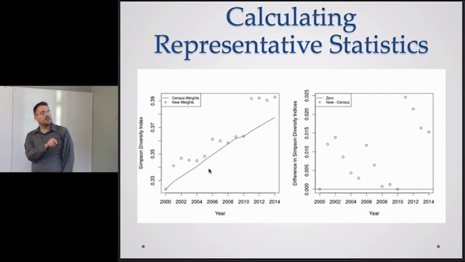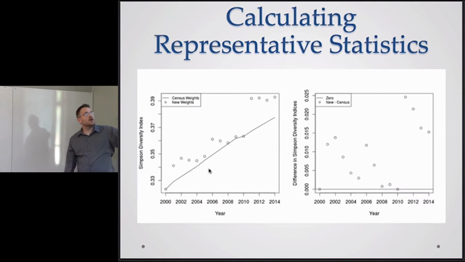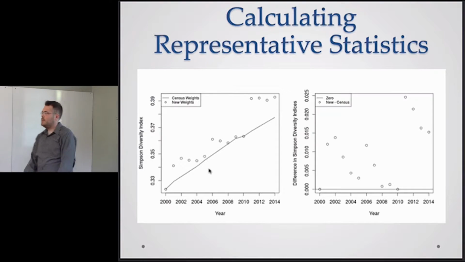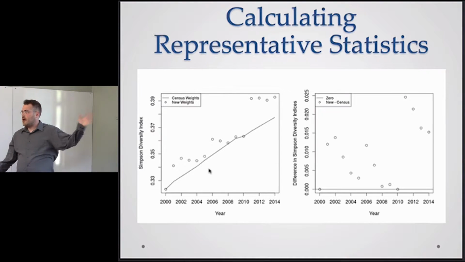And this on the right is again the difference. So there's at maximum a 2.5 increase on a scale of 0.33 as the baseline, so a 5 to 8% change. So fairly large.